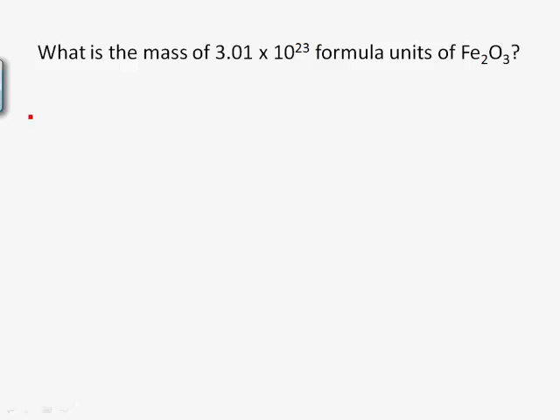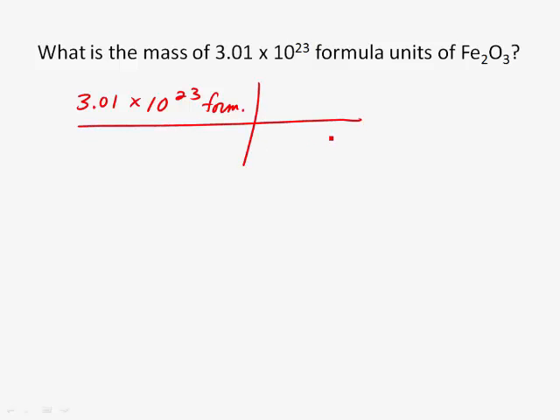Okay, and now let's see. The iron 3 oxide, we have 3.01 times 10 to the 23rd formula units, and I want to go from formula units to moles, and then moles to grams.